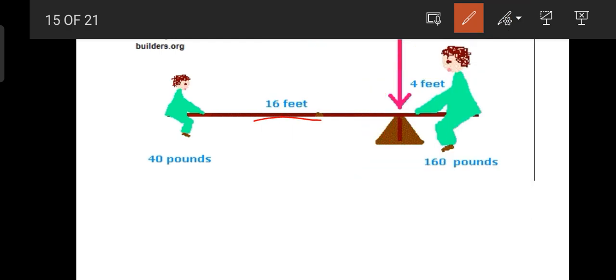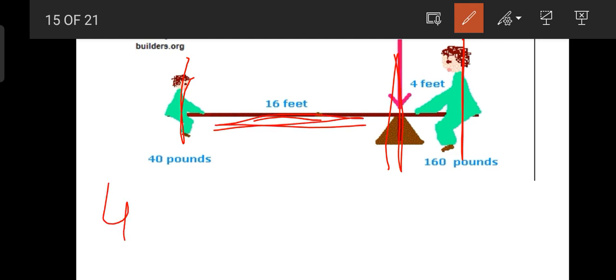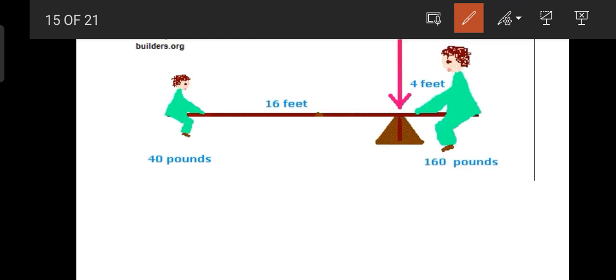Now F into D. This is the pivoted point, and these are the lines of action. The distance here is 16 and the force is 40 N. So 40 N into 16, what will it be? 640.